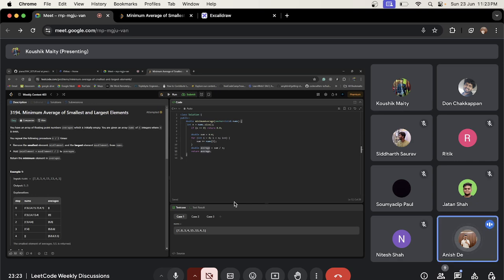Cool. I think everyone has got it. That's the algorithm. Simple. Sort the array, take out the first and last element every time, and take the minimum of those averages.